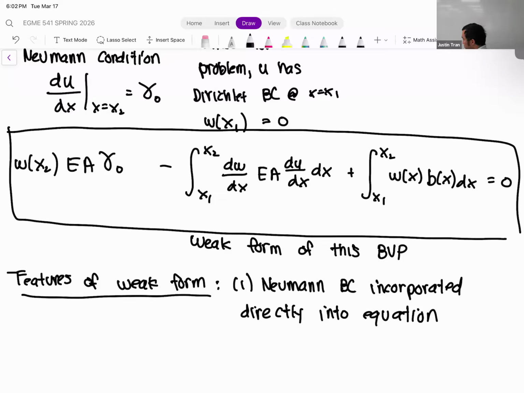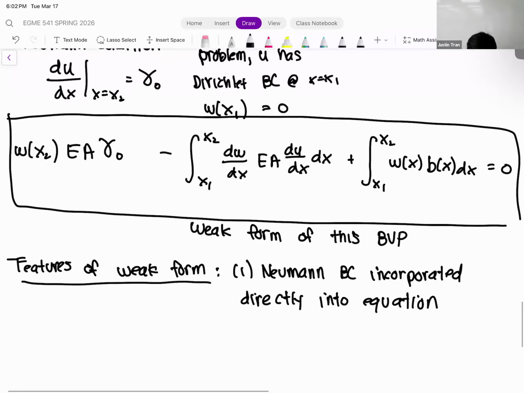Whereas if you look at our strong form, our Neumann boundary condition was on its own, and it was applied alongside our Dirichlet boundary condition. Because of the integration by parts, we can now incorporate the Neumann boundary condition directly into our equation, which is actually pretty huge. That does help us with finite elements. You'll see that probably sometime next week.